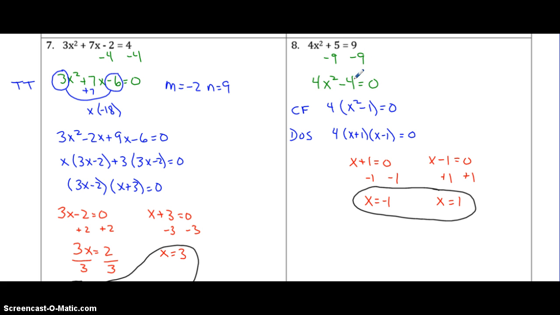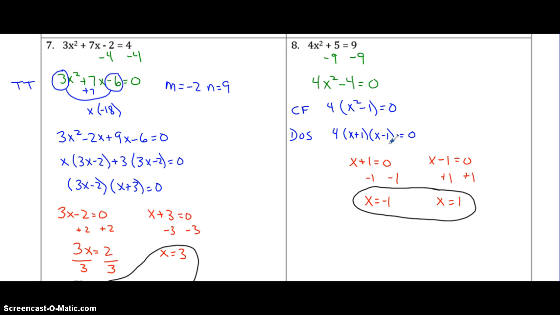Now, some of you might have jumped straight to this being a difference of squares. If you saw that as being a difference of squares right away, you still should have gotten the right answer. However, some of you might have seen that there was first a common factor of 4, then a difference of squares.